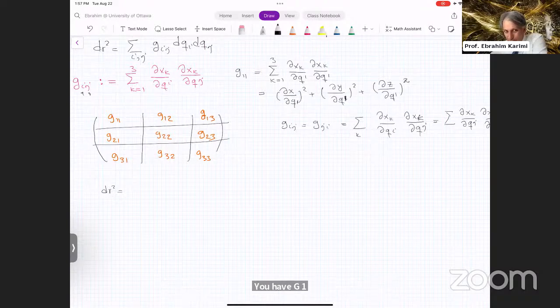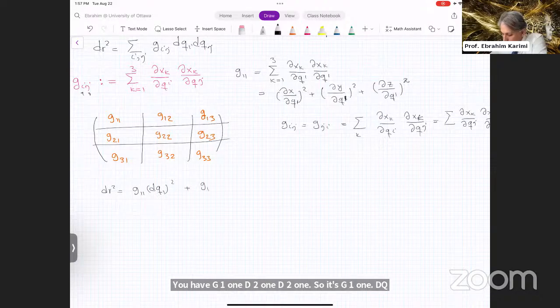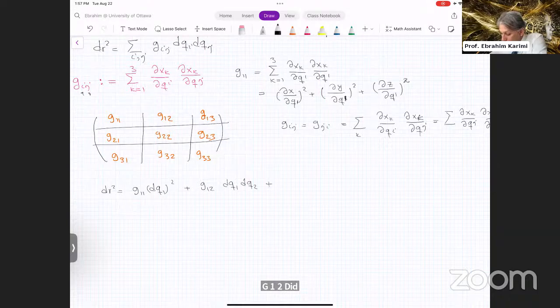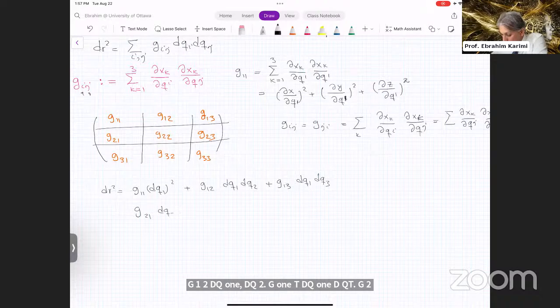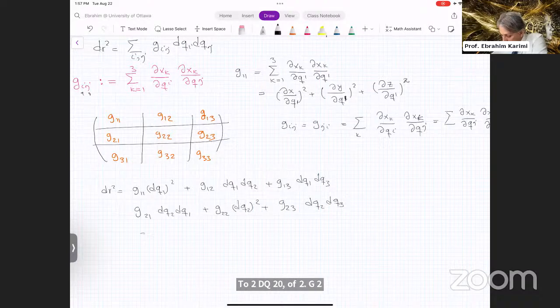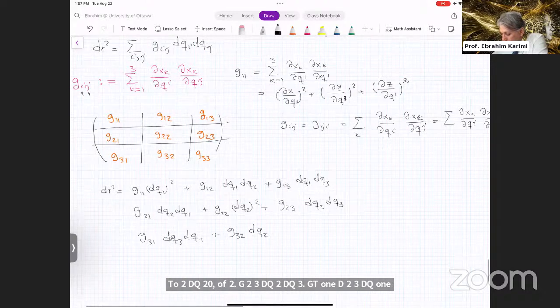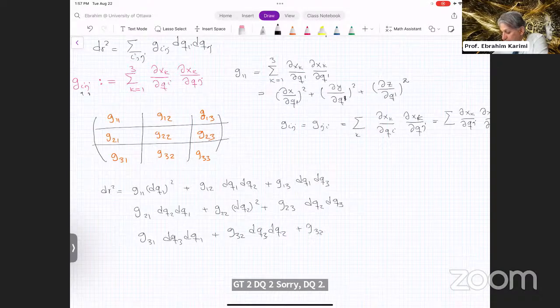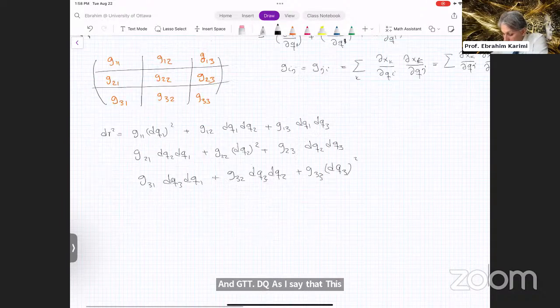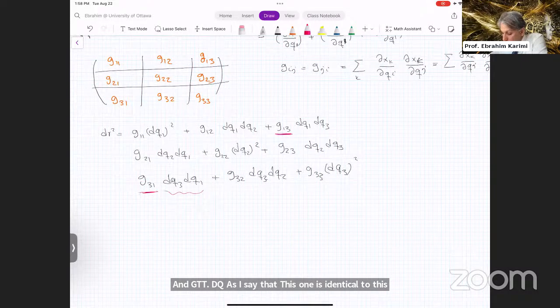You have G11 dq1 dq1, so it's G11 dq1 squared, G12 dq1 dq2, G13 dq1 dq3, G21 dq2 dq1, G22 dq2 squared, G23 dq2 dq3, G31 dq3 dq1, G32 dq3 dq2, and G33 dq3 squared.